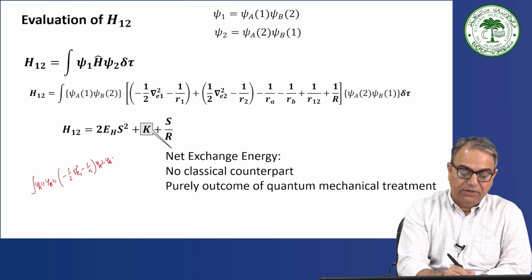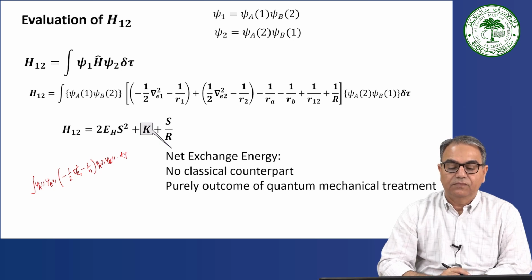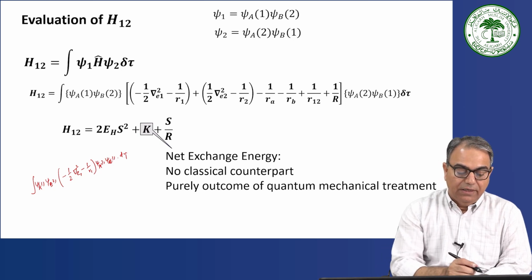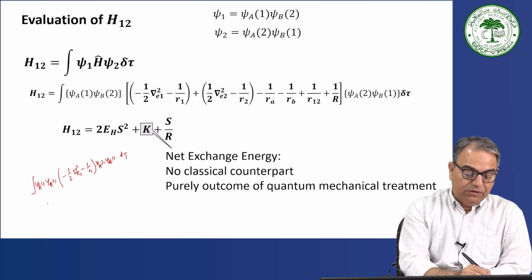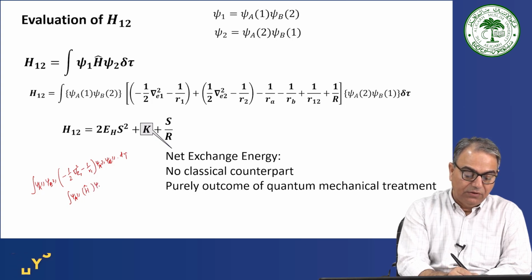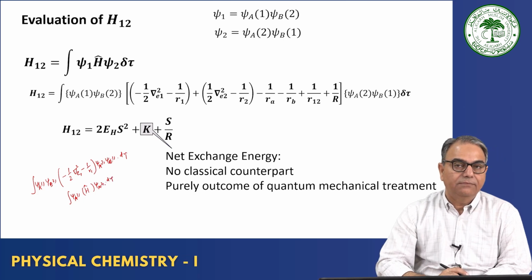So your function will actually be psi A1, then H, which I am writing in short form for the Hamiltonian of the hydrogen atom, then psi A2 d2.